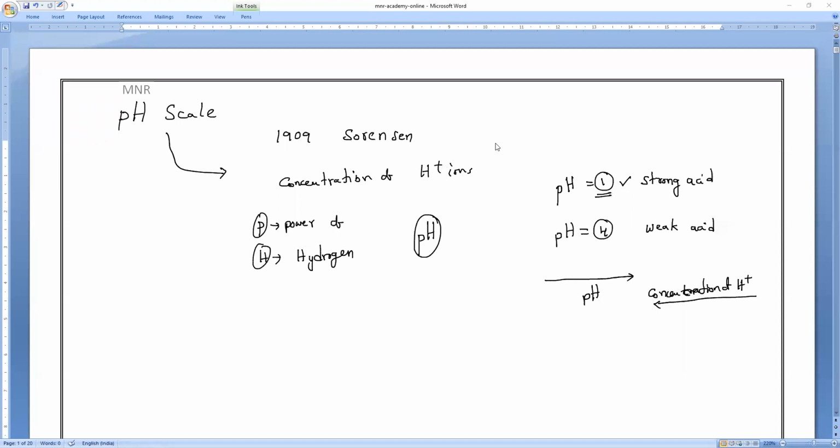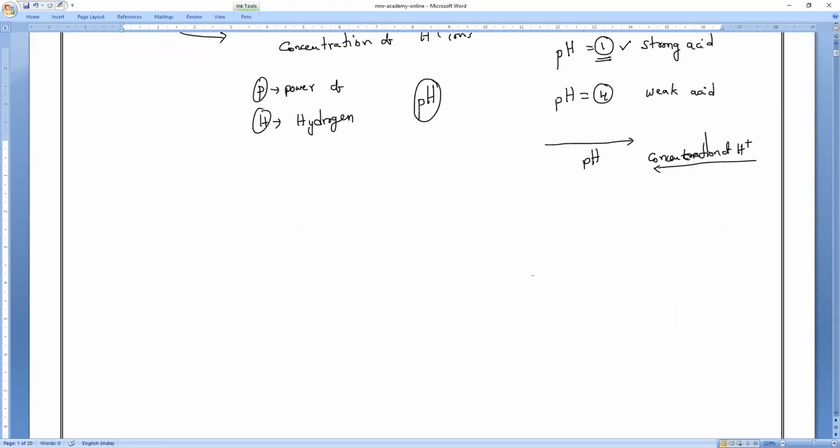Strong acid. Understand? So if you take a high pH, it is a weak acid; a low pH is a strong acid.